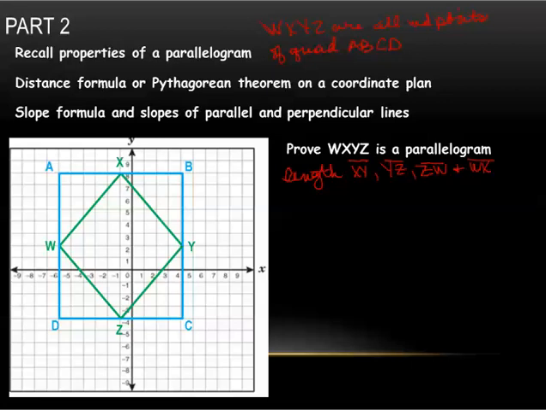Now then, this is where using the Pythagorean theorem or the distance formula comes in handy, because I'm dealing with these straight lines right here. Now, if they weren't straight, if they were slanted, then you'd probably have to figure out what their lengths were too, okay?